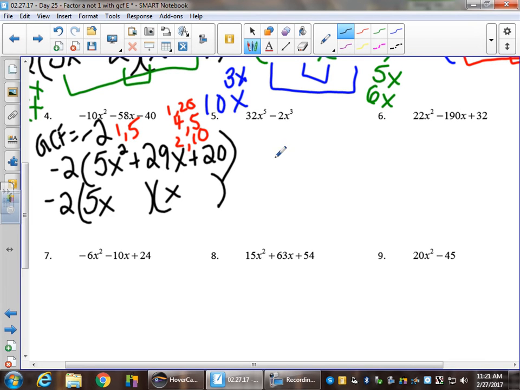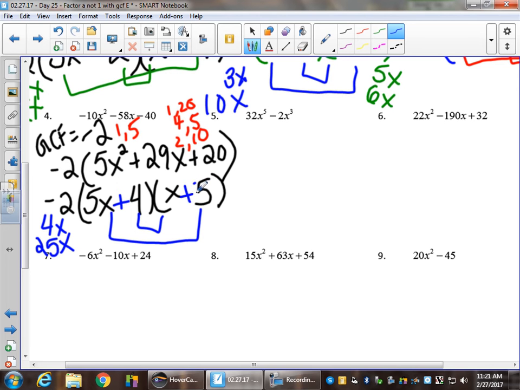Where do you want to put the 4? First or second? First. And 5 here? Let's check it. Inner is what? 4x. Outer is 25x. Does that come out to 29x? Yes. What does the sign have to be? They both have to be positive, right? And make sure you're still writing in that negative 2. It doesn't go away. It's part of our factoring.